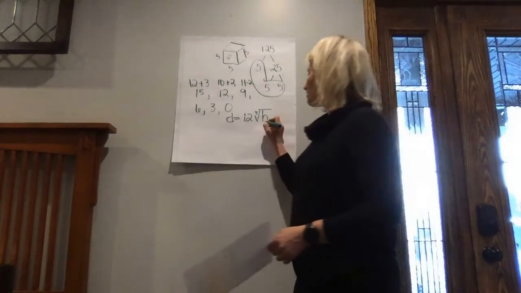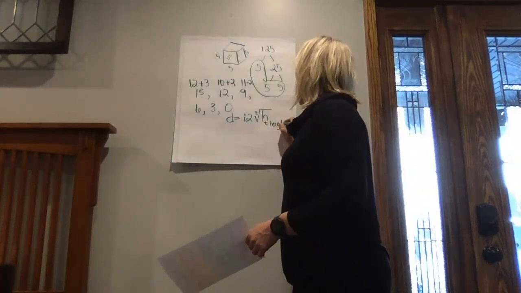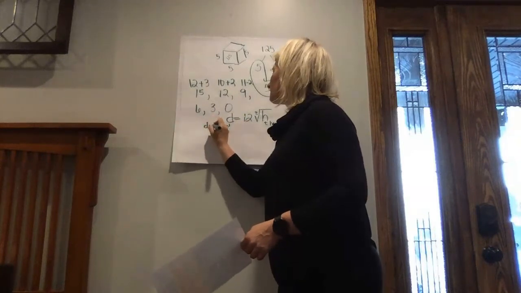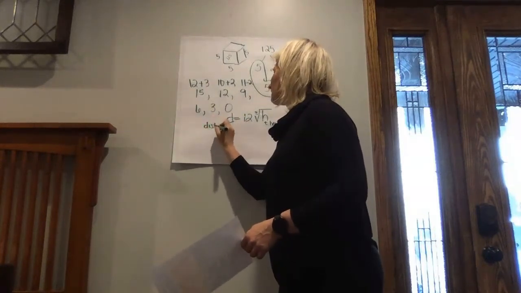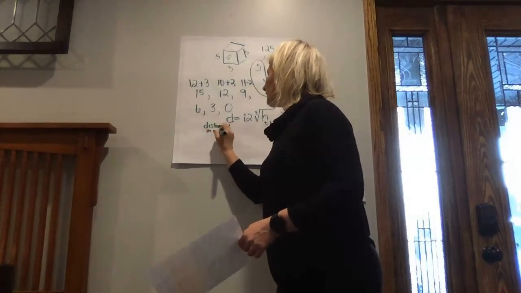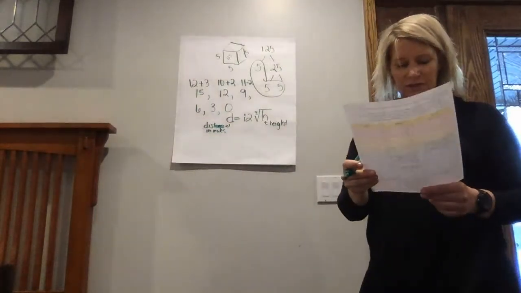So the H is your height, and the D is the distance in miles, or how far you can see in a distance. Okay? So first you have to understand that.